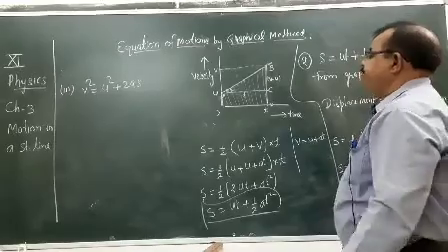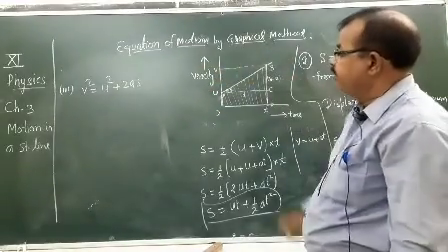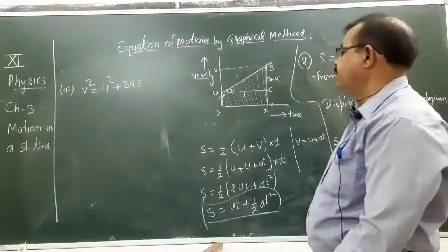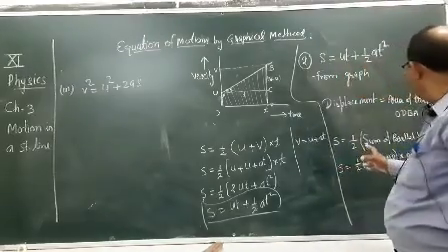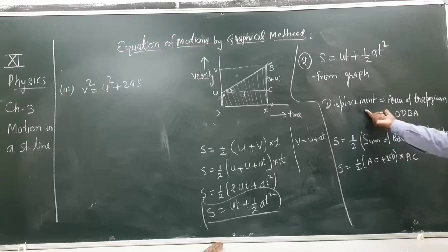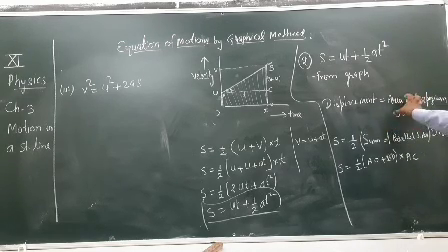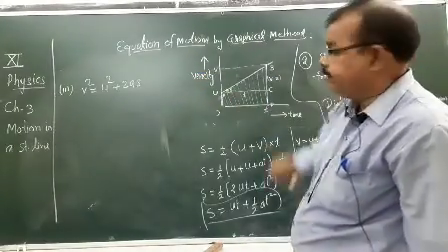With the help of this graph we have to derive this equation. So children, this concept we can use, displacement is equals to area of trapezium. This concept can be used for finding this equation.